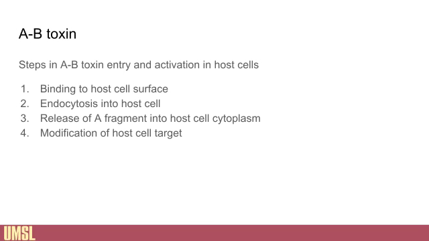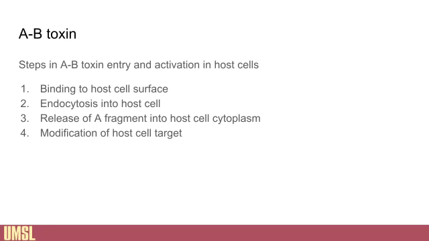The net result is that this active subunit does something to the host cell machinery. We'll see it can mess with translation. We'll see that it can mess with different signaling pathways. We'll see that some of these toxins are proteolytic, that they cleave specific signaling proteins or specific membrane receptors.